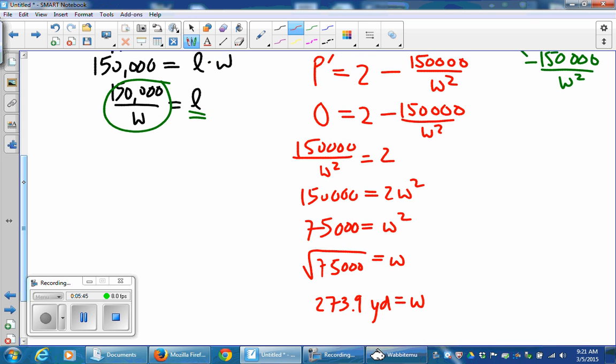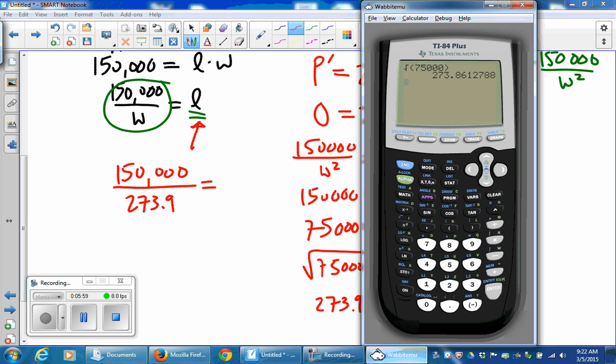We go back over here, because we have solved for L. We just plug in our W value: 150,000 divided by 273.9. I have the real number up here, 273.86, so I do 150,000 divided by my answer, enter, and you get 547.